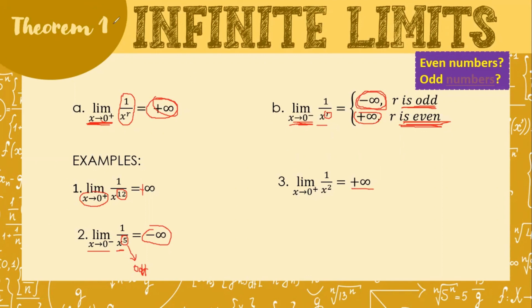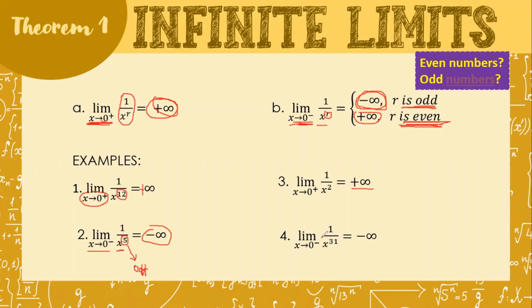Now let's have the next example. We have the limit of the function 1 over x raised to 31 as x approaches 0 minus. As you can see, the approach here is 0 minus, meaning to the left. If the approach is to the left, then the answer of our limit may vary according to the value of the exponent of the variable in the denominator.